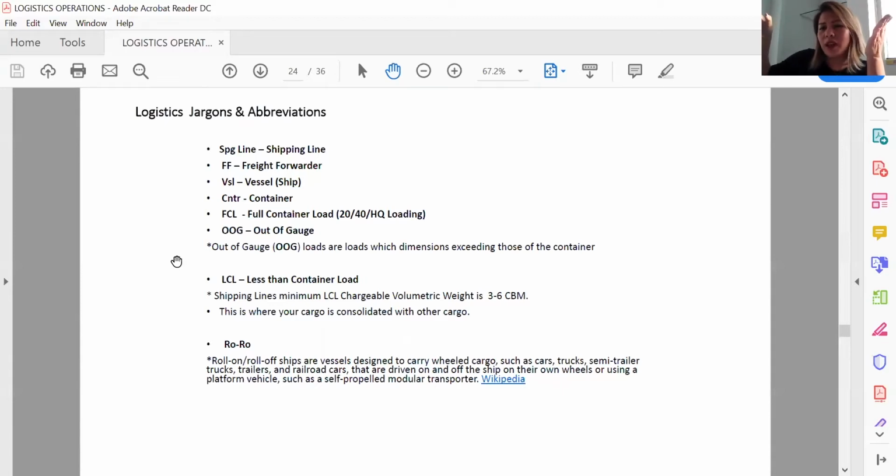If it's 10 cbm, then just move it as LCL, because full container load cost is this much and less container load cost is this much, and the transit time is the same. There will be a difference in the clearance and delivery, because obviously LCL is co-loaded with other cargo. The clearance will take time because there will be destuffing with all the other cargo in the container.